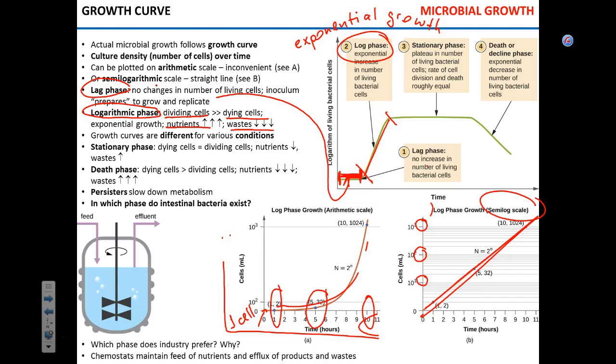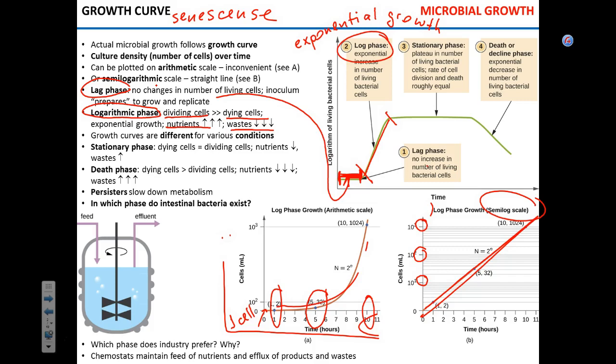Eventually, as you can imagine, the number of old cells increases. In biology, for the process of aging, the common word used is senescence. Just a fancy word. Basically aging. So the number of aged old cells increases, and those old cells start to die. Does that make sense?